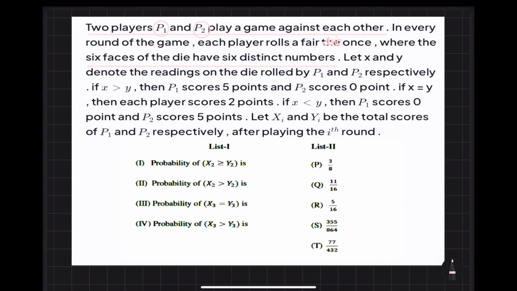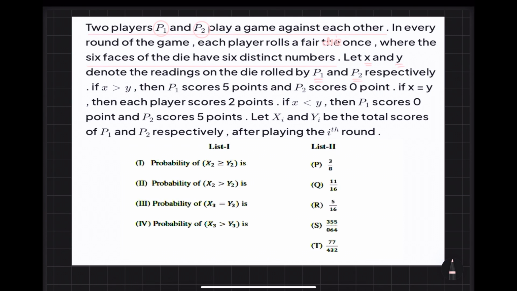Now, look at this. Let X and Y denote the reading on the dice rolled by P1 and P2 respectively. So my score will be reflected by X, your score will be reflected by Y. Now look at the cases.